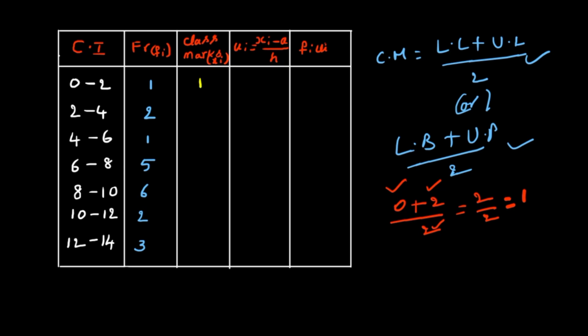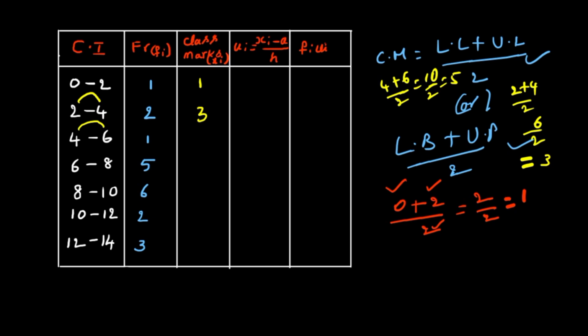Now the next one, we should add 2 plus 4 by 2. 2 plus 4 is 6, by 2 equals 3, so we write 3 here. Next 4 plus 6, 10. 4 plus 6 by 2 is 10 by 2 equals 5. So we should write 5 here.